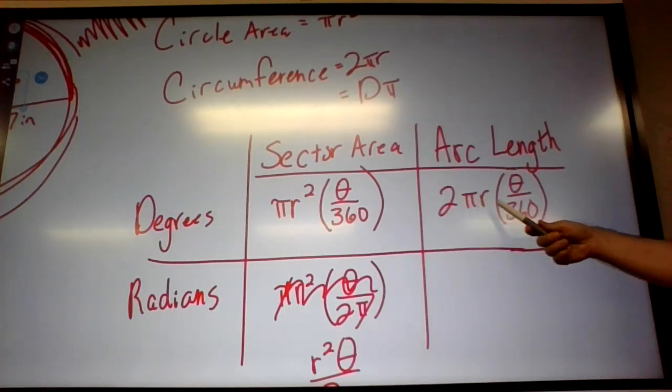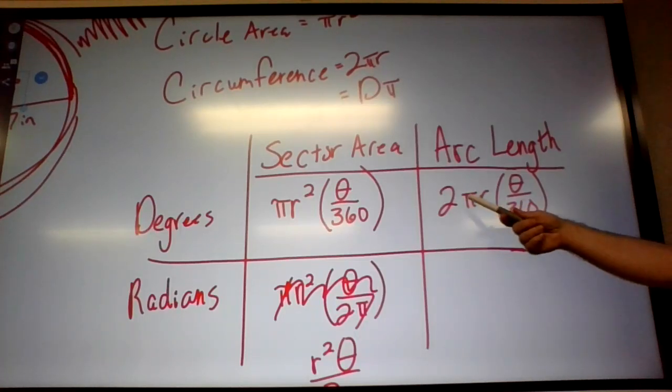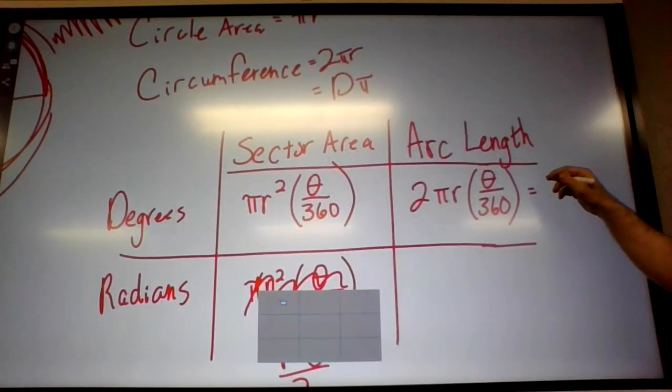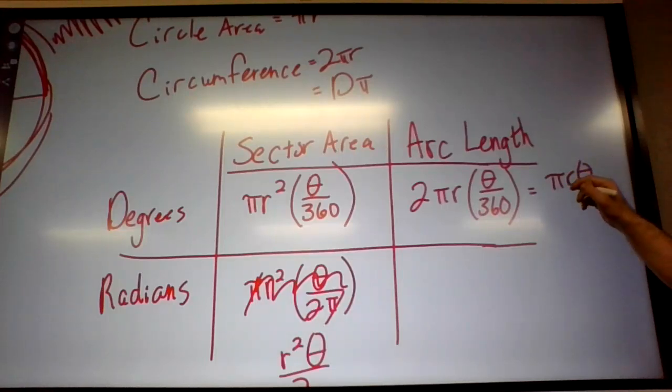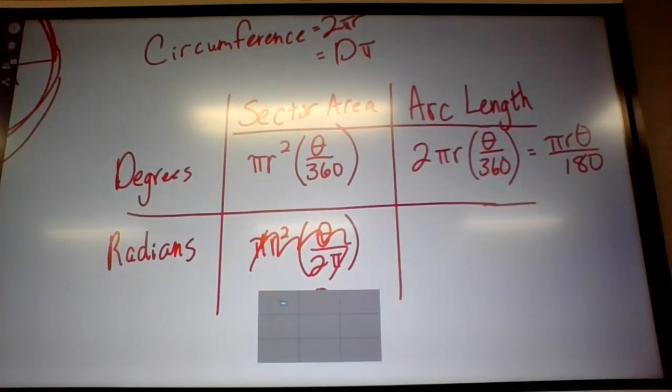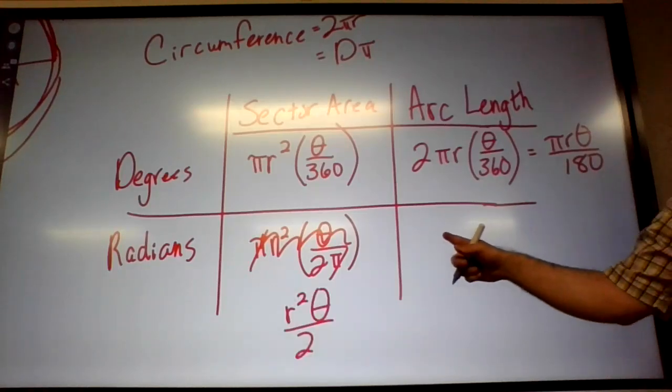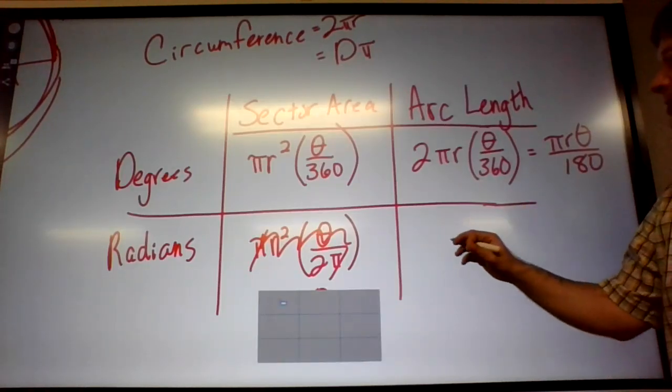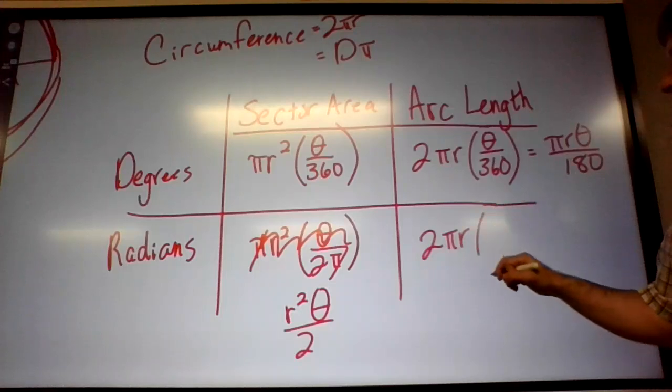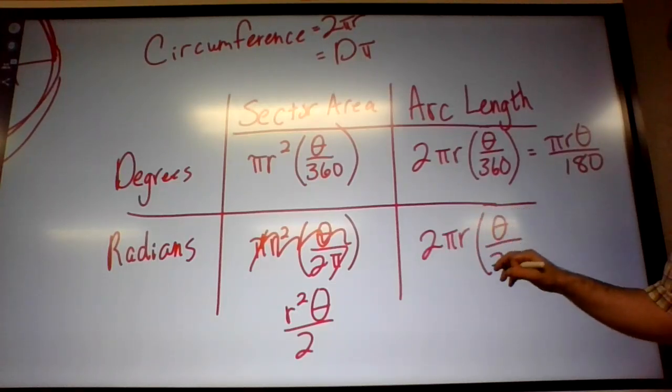This does reduce a little bit. The 2 and 360 can reduce, so this is a slightly simpler version. You guys know where pi is on a calculator, right? Okay, this one simplifies a lot when you use radians, because instead of 360, it would be 2 pi.